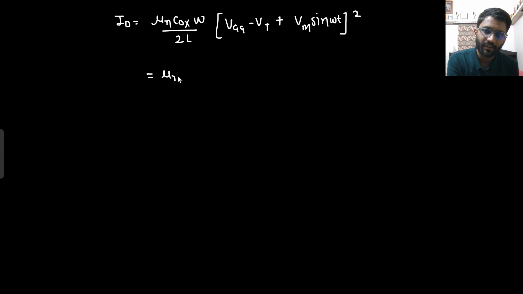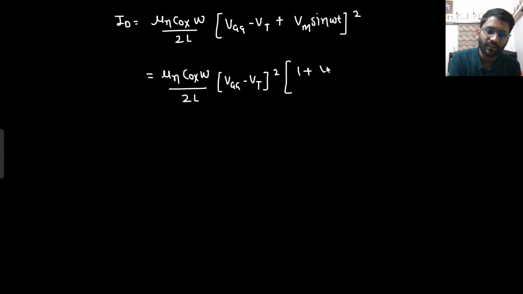If I take out VGG minus Vt whole square, I will be left with 1 plus Vm sin omega t divided by VGG minus Vt, whole square.